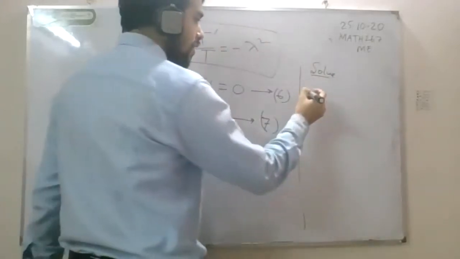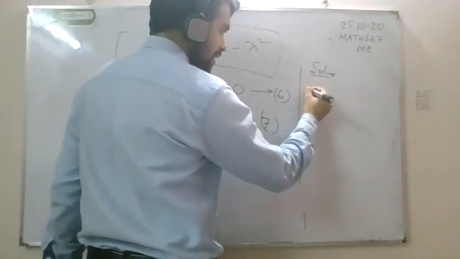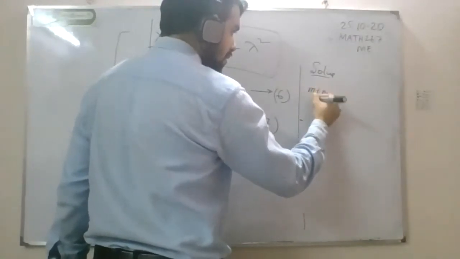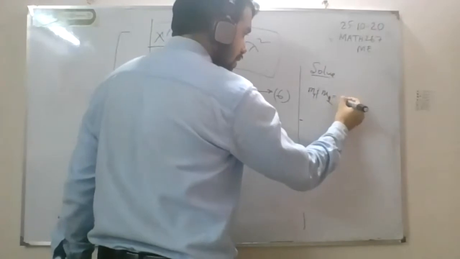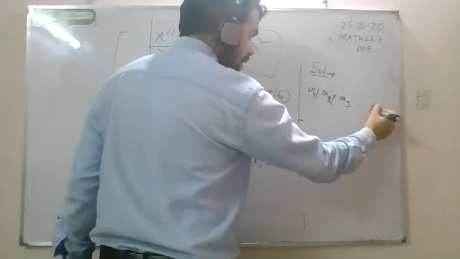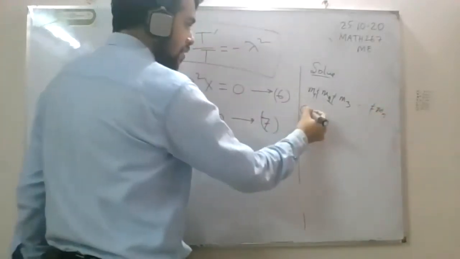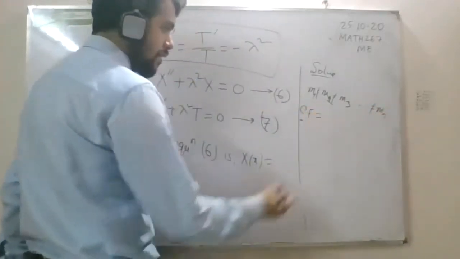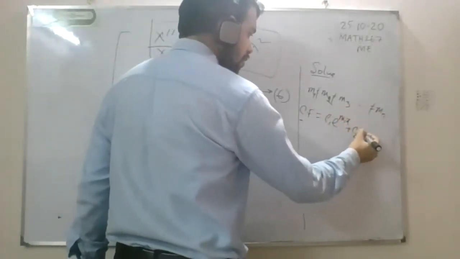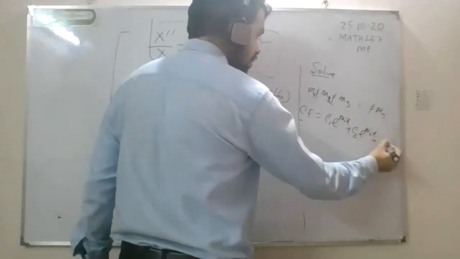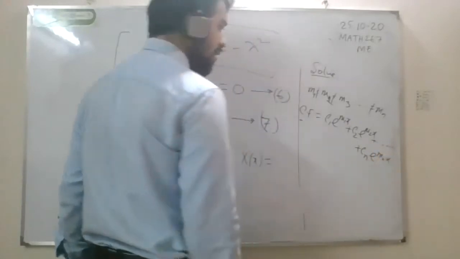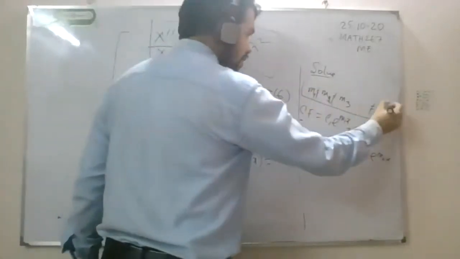Let's take a look at the cases of roots. For distinct roots, that means m equals m1, m2, m3 and so on, the roots are not equal. Then the complementary function will be c1 e to the power m1x plus c2 e to the power m2x plus and so on up to cn e to the power mnx. This is for distinct or different roots.